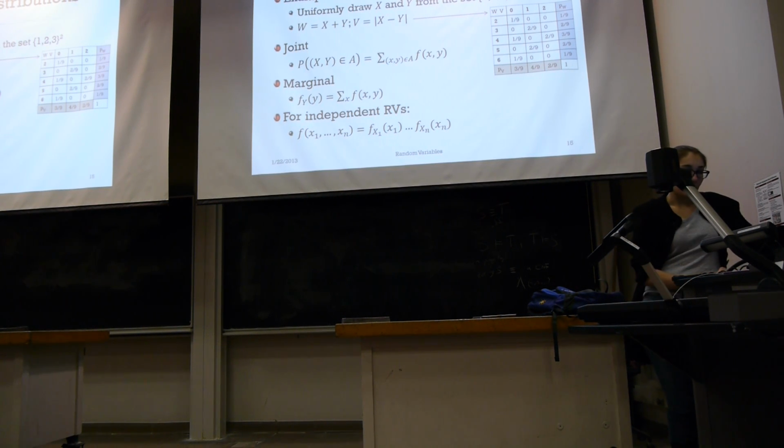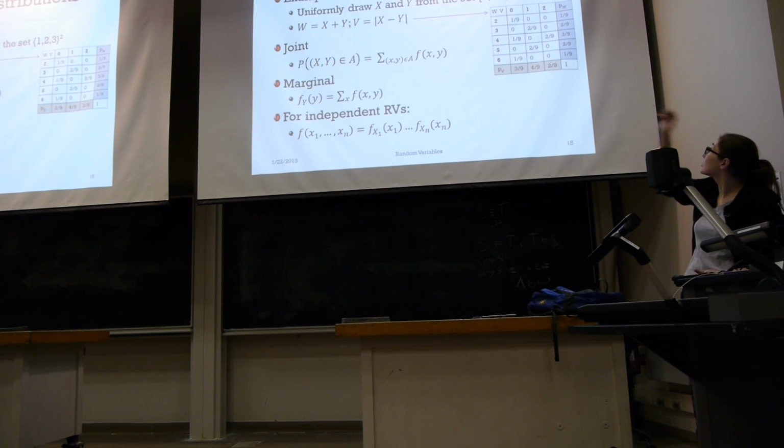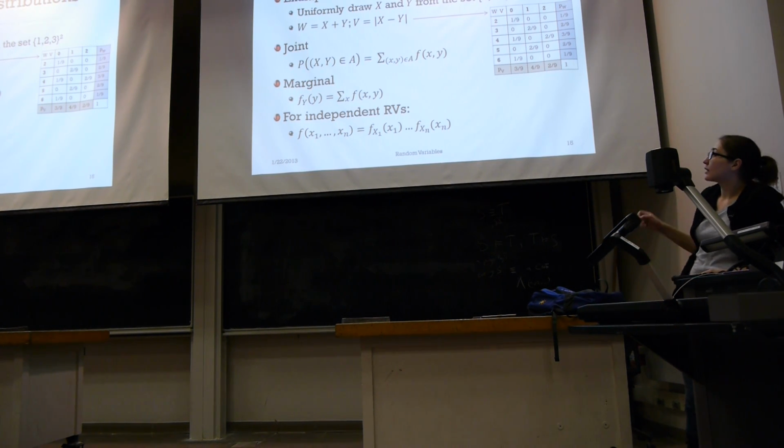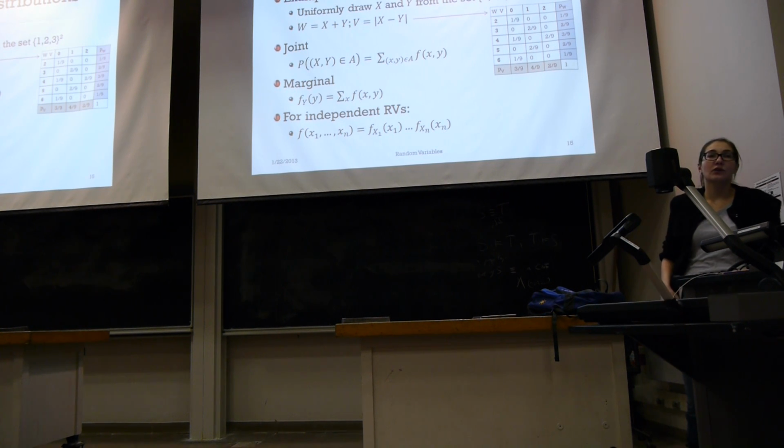So let's look at how likely each of the combinations are. Clearly, the sum will take values between 2 and 6, and the absolute value of the difference will be 0, 1, or 2.